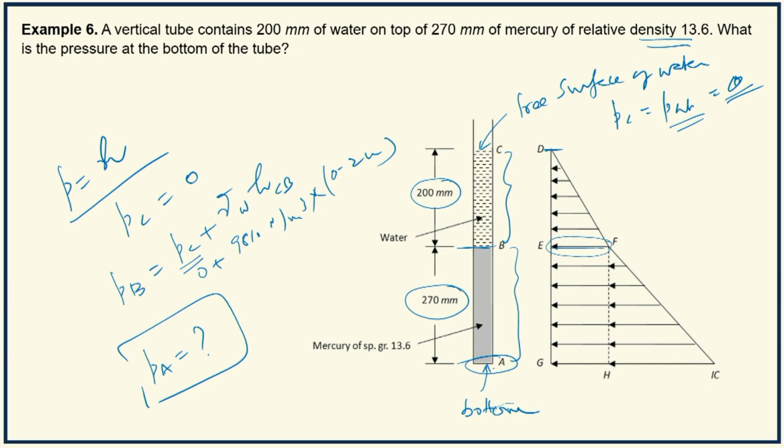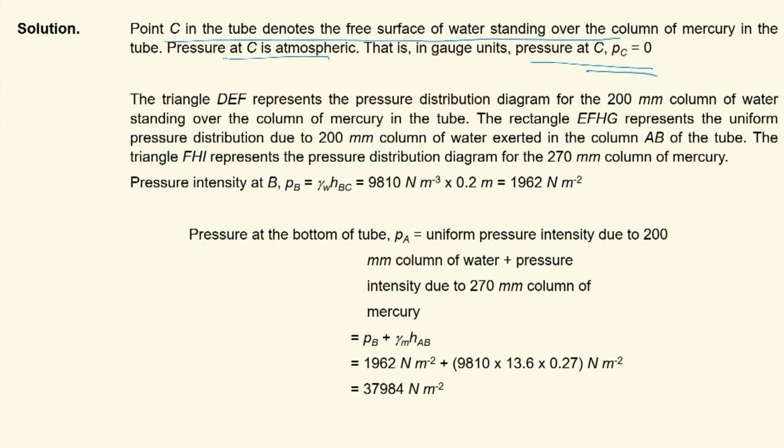So, the pressure due to the column of water standing over mercury will be felt uniformly in the height of 270 millimeters of mercury. In addition to that, you will have the varying pressure distribution due to the varying column of liquid from B to A. Therefore, the rectangle EFGH represents the uniform pressure distribution due to the 200 millimeter column of water exerted in the column AB of the tube.